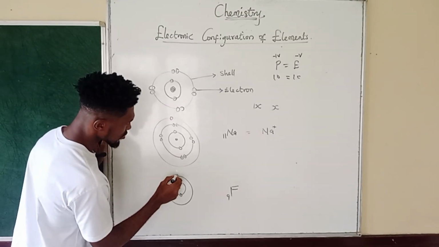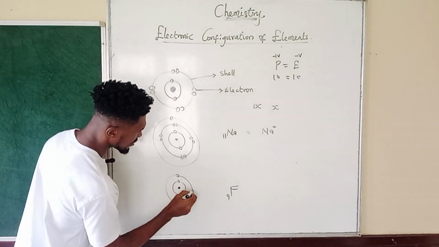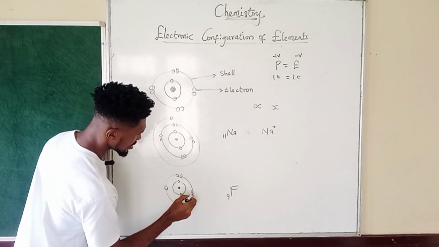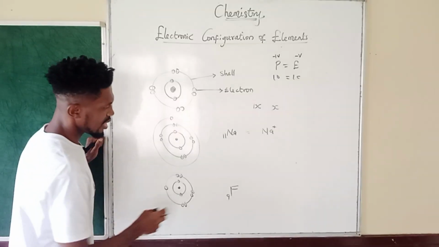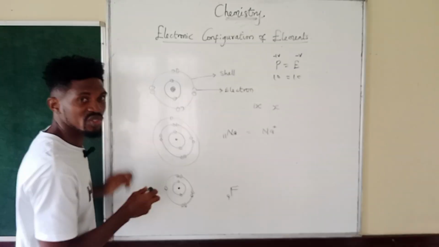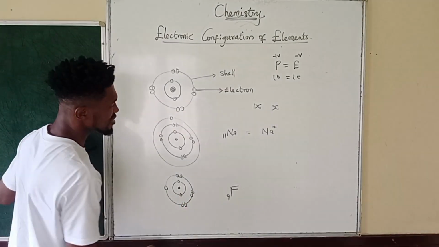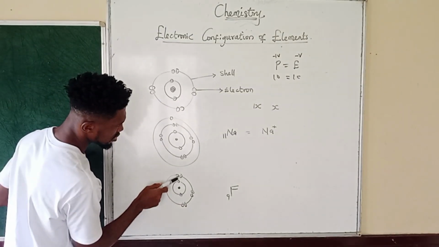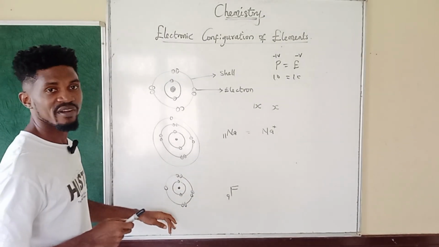That means we are not going to draw the entire 8 outside. So we have 1, 2, 3, 4, 5, 6, 7, 8, 9. You can see it's remaining 1. And we are only going to get to 9 because the atomic number of fluorine is 9. So the number of electrons there will be what? 9. Let's count again. 1, 2, 3, 4, 5, 6, 7, 8, 9. So this is the electronic configuration of fluorine.